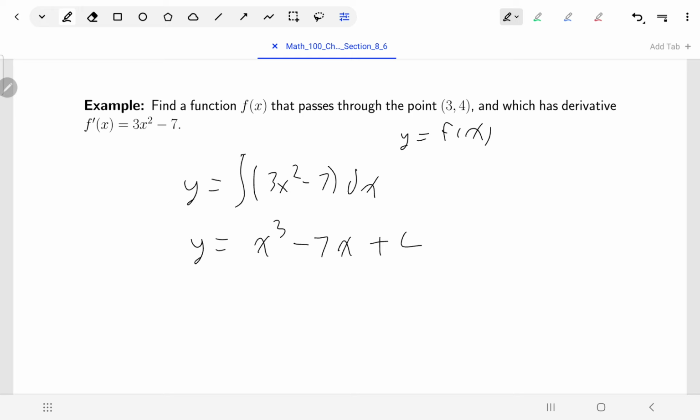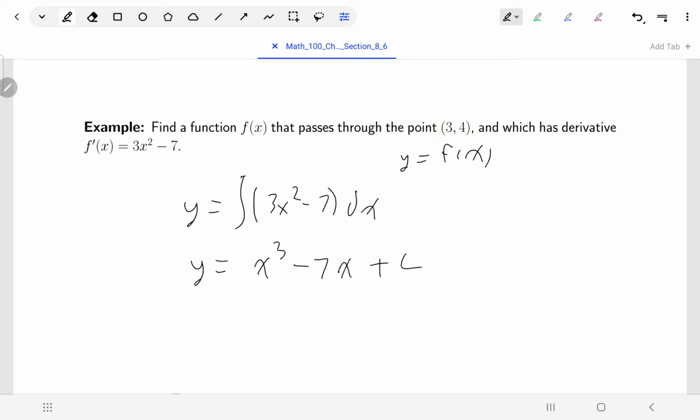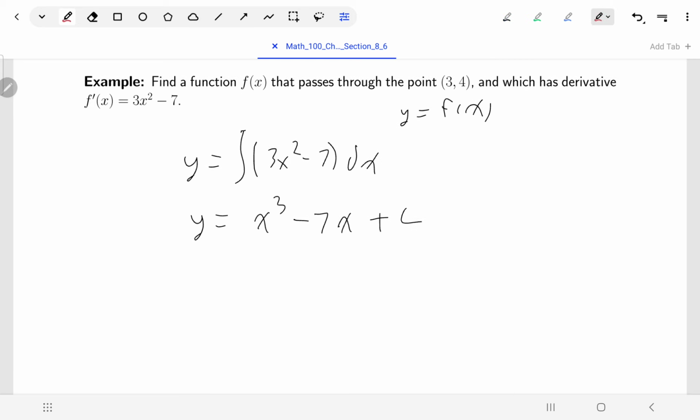So that would be an equation for our function f of x, except we also need to know the constant c, and that's given to us by using the fact that our equation has to pass through the point 3, 4. So now let's use the fact we know that f of 3 is equal to 4, or in other words, the y value is 4 when x is 3.